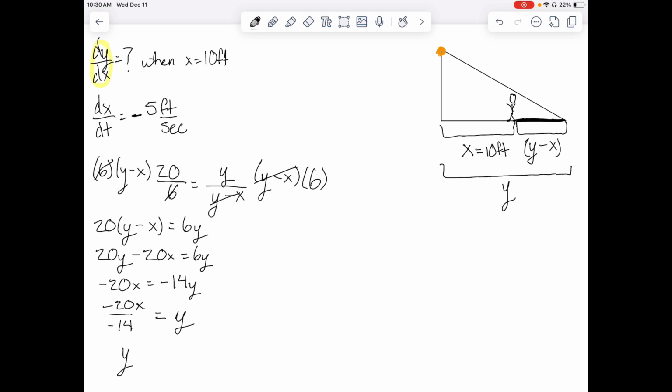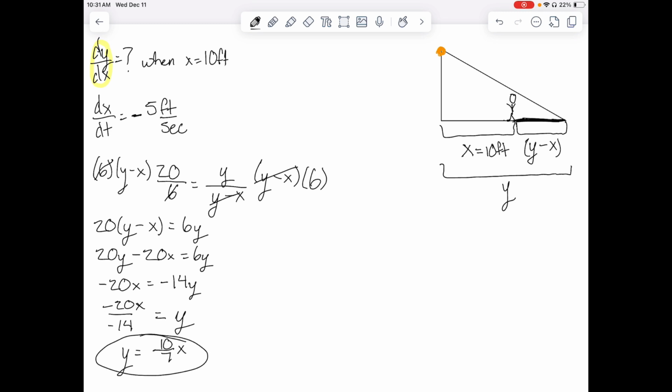Now let's simplify. So y equals positive 10 over 7 x, because negative 1 over negative 1 just reduces to 1, and then 20 divided by 2 is 10, and 14 divided by 2 is 7. So now we have our equation that we are going to be deriving here.